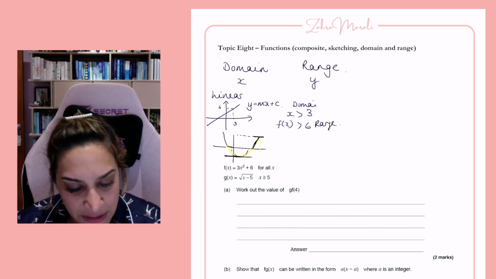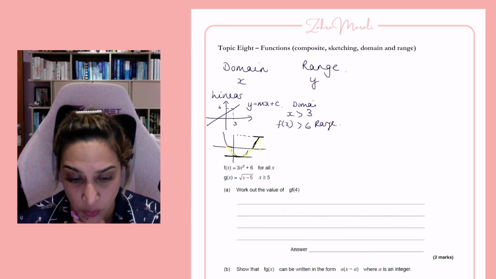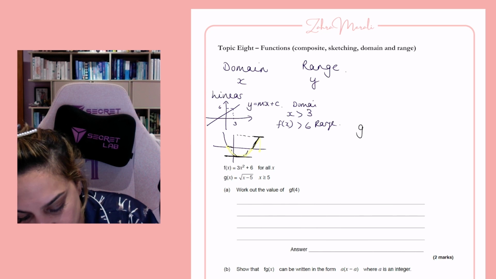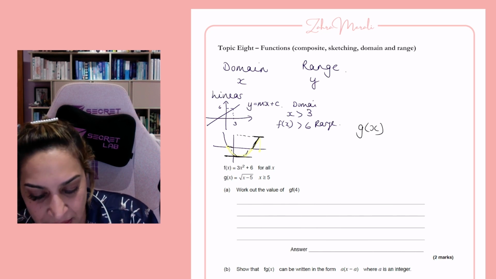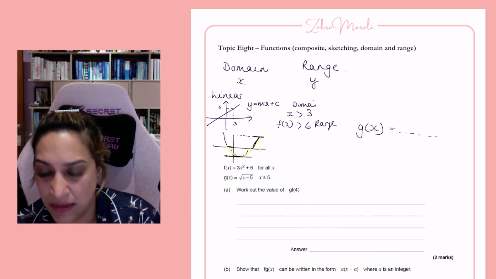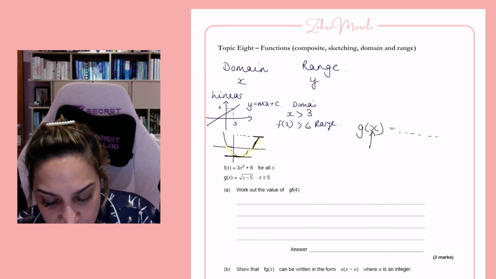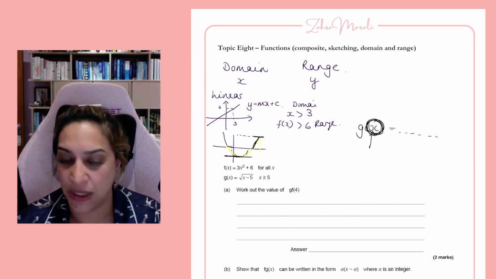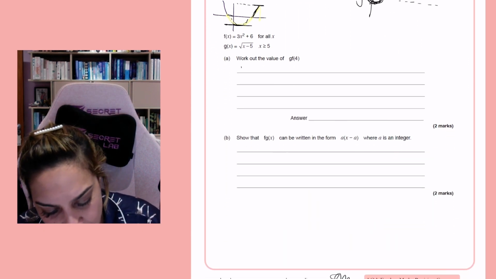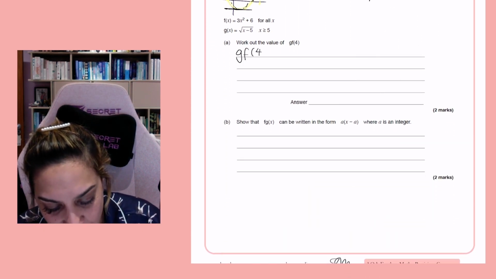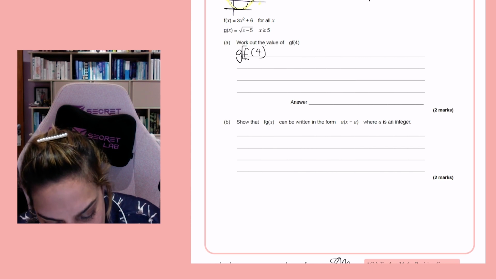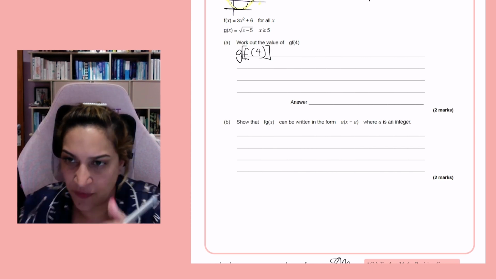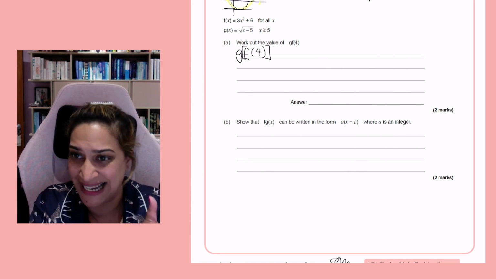Okay, so the first one we've got is gf(4). Now, if we have any kind of function, so any kind of g(x) or f(x), and I want to substitute a number into it, it means wherever there is an x, I am putting that number. Now, with gf(4), it's saying g of f of 4. So we work from the inside out.